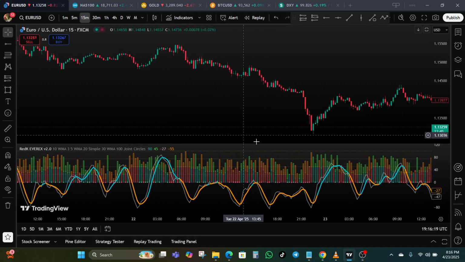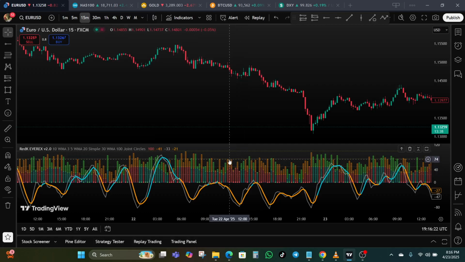Now, the RedK EVEREX indicator, I don't know why I keep on calling it RedX. The RedK EVEREX indicator takes this idea and visualizes it in a way that makes it easy to see when effort and result are aligned or when something is off. Once you add this indicator to your chart, you'll see the histograms and zones that highlight the relationship between volume and price.